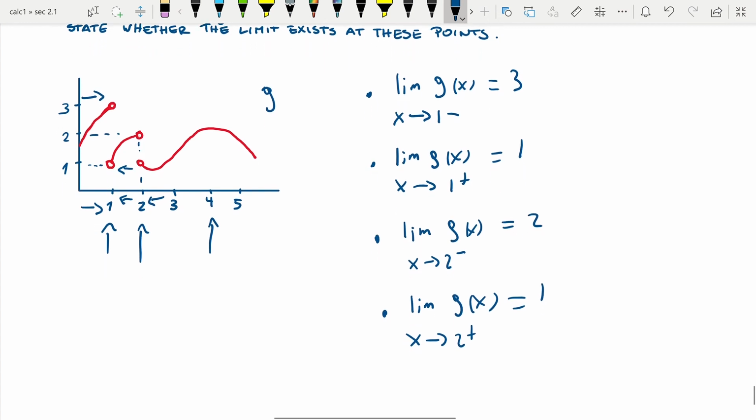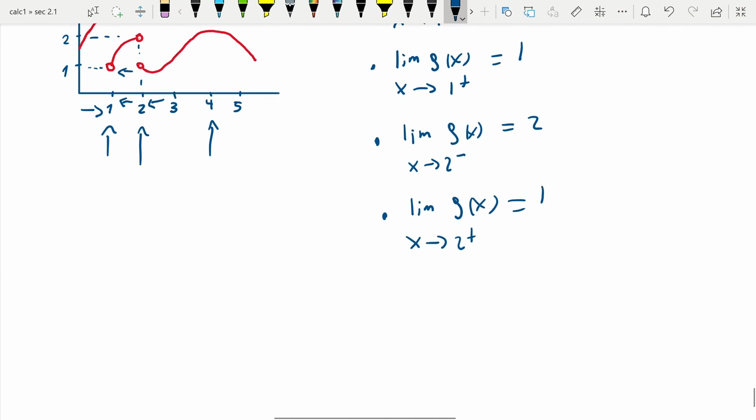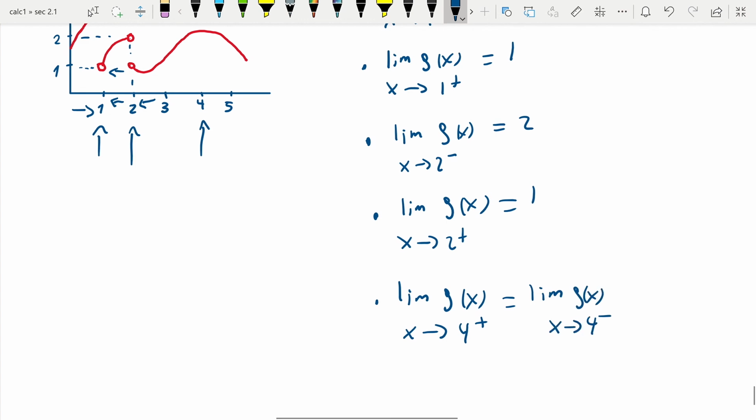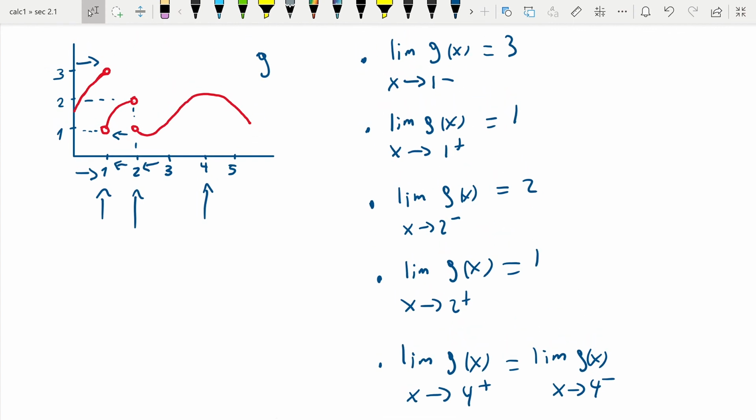Okay. So finally, the limit of g of x as x approaches 4 from the right happens to be the same as the limit of g of x as x approaches 4 from the left. You see here there are no jumps in the graph of g.